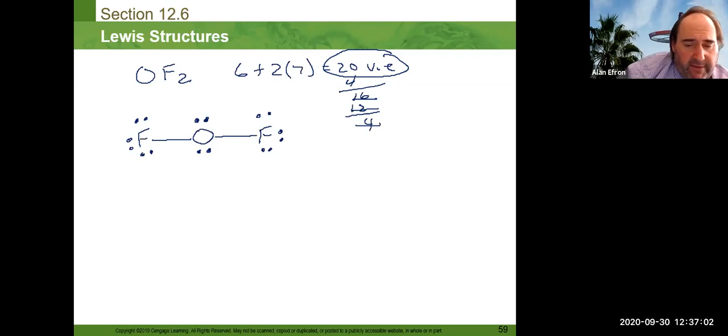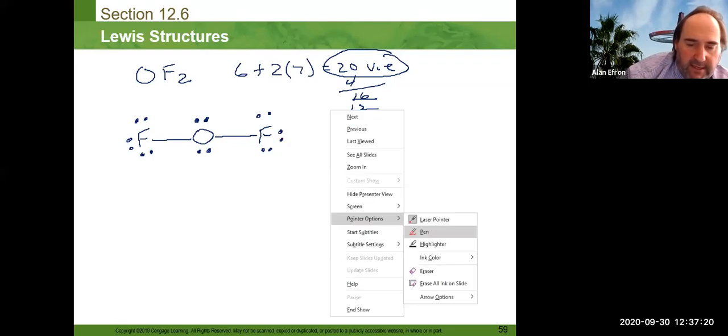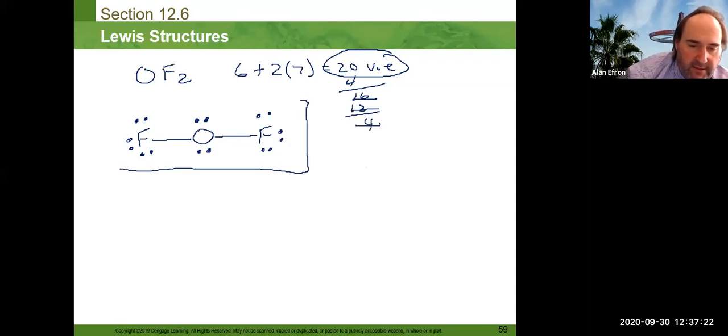We want to make sure everybody has 8. So fluorine on the right, 2, 4, 6, 8. Fluorine on the left is identical, so also 8. Oxygen in the middle, 2, 4, 6, 8. Everybody has 8. We've used a grand total of our 20 electrons. We're good to go. That is the correct structure right there.